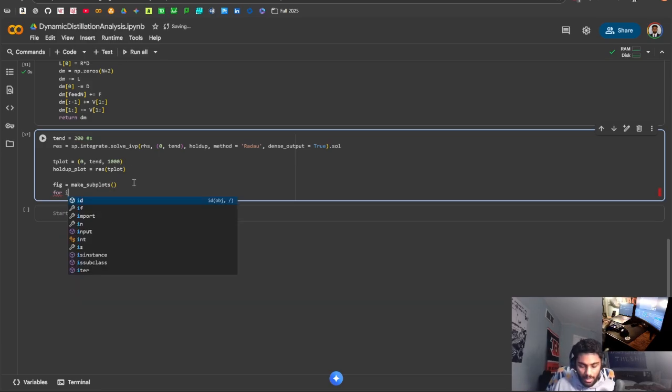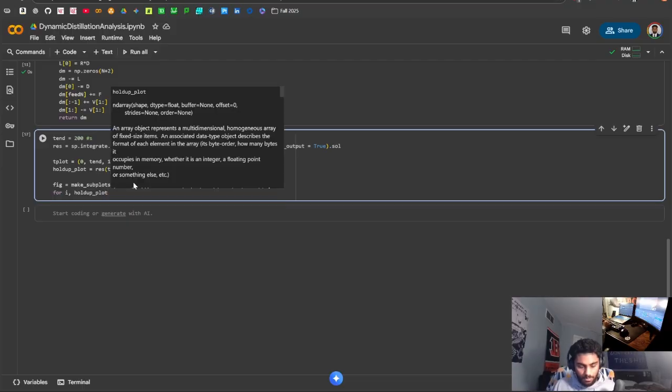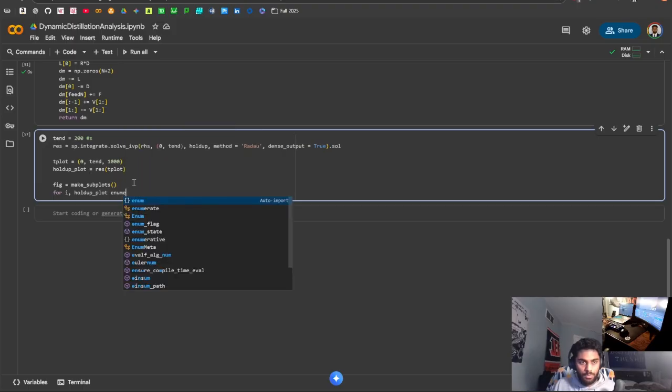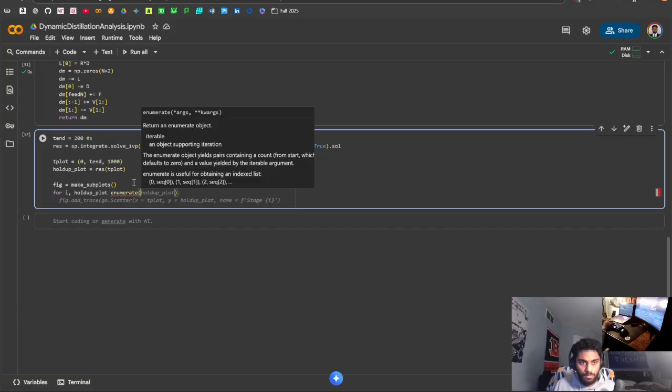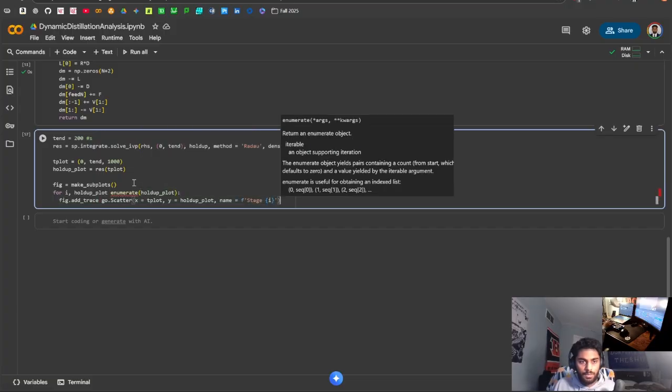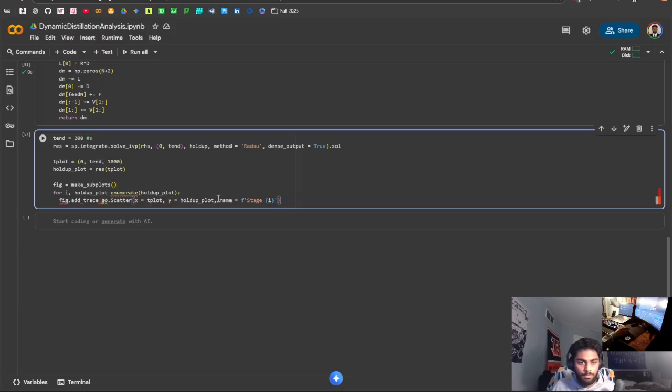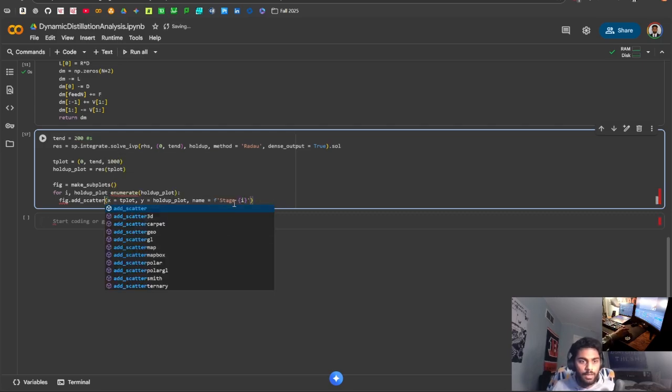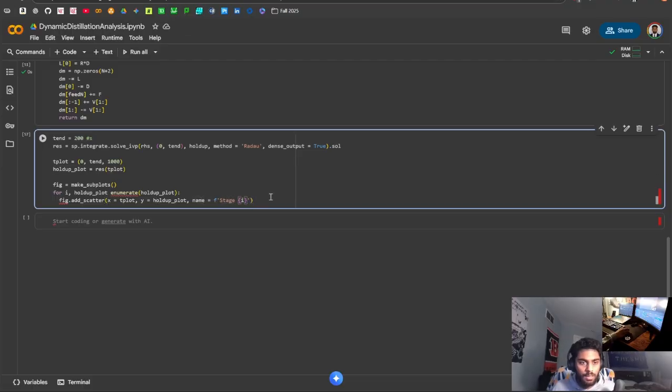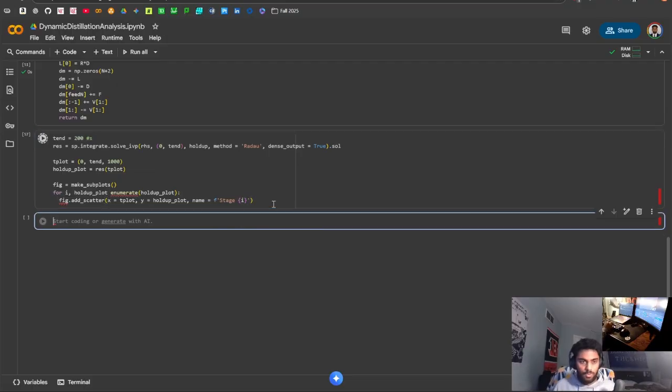So for i in our holdup plot, I think just that. fig.add_scatter, x equals t plot, y equals holdup plot, name equals... yeah, let's see what this does.